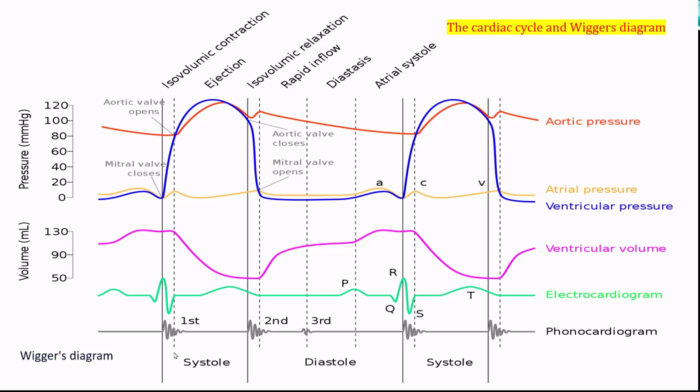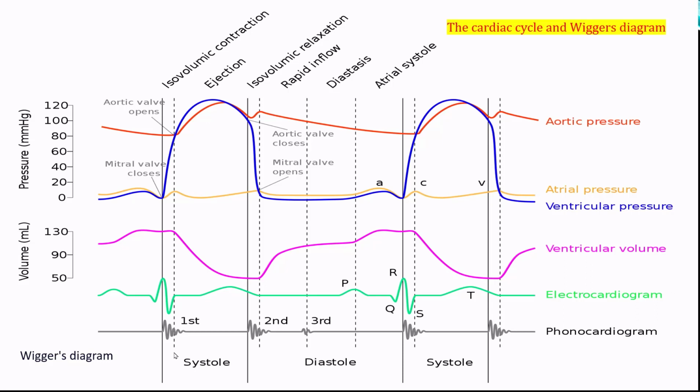Each curve in the graph in the downward direction shows relaxation of the chamber, an increase in the volume, and repolarization of the muscle. If these points are clear, then the rest of the graph is easy to understand.